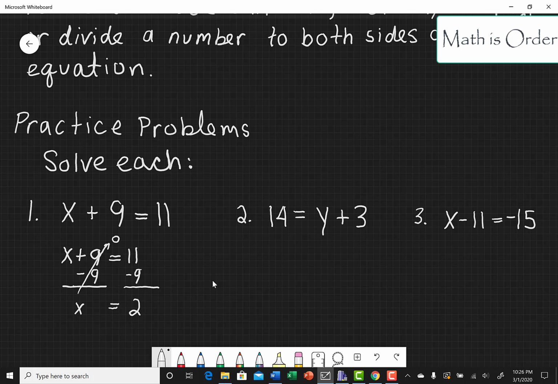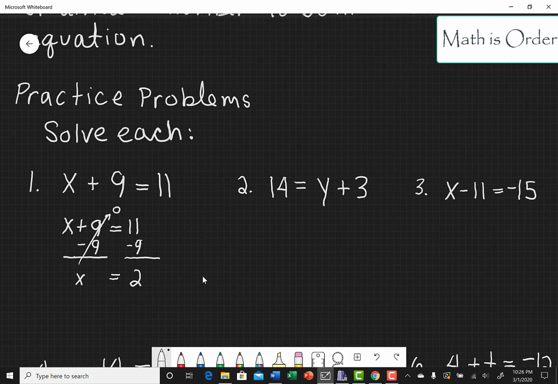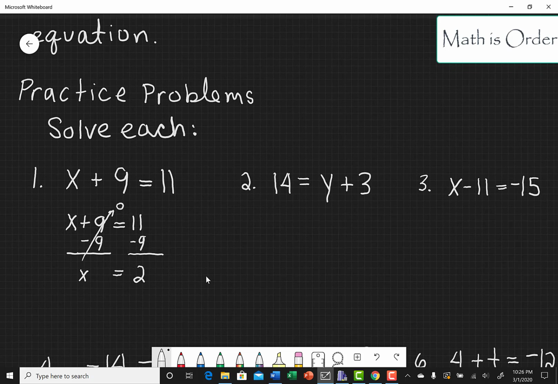All right? And there is a way you can check your answer when you solve an equation, and that is by substituting back the value of the variable into the original equation. Right? So let's go ahead and check.